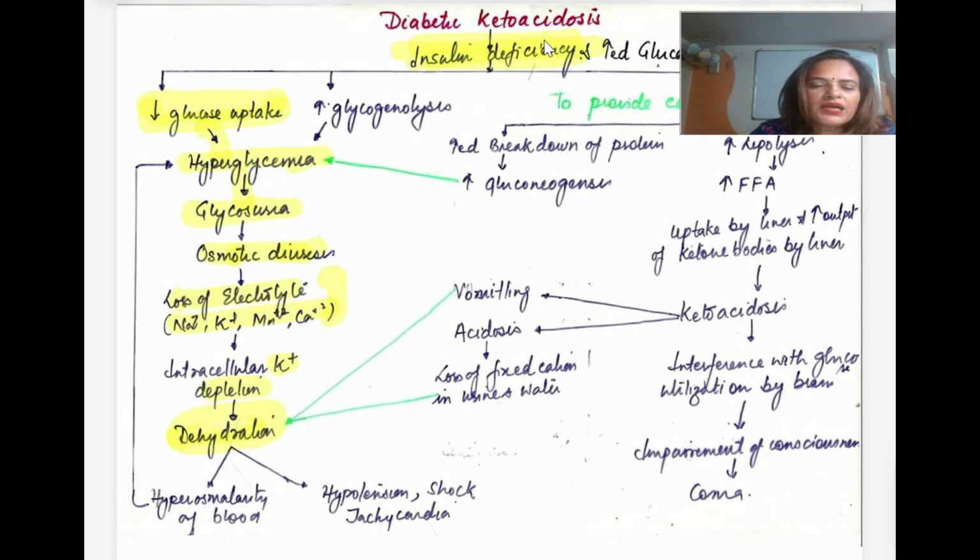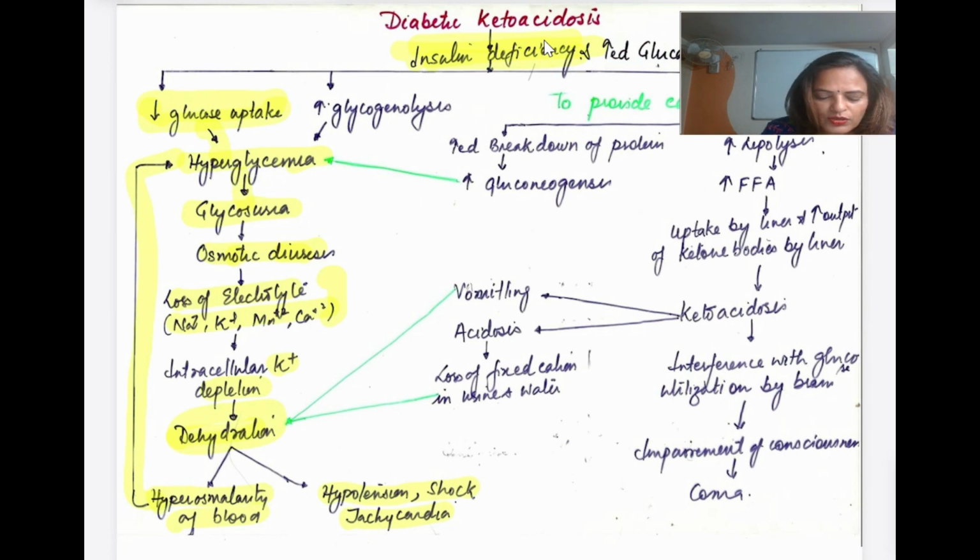And because of the dehydration, what will happen? The patient will go into hypotension, shock, and because of hypotension there will be reflex tachycardia. Because of the dehydration there will be hyperosmolarity of the blood, and this again leads to hyperglycemia.